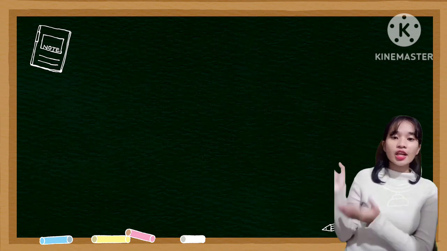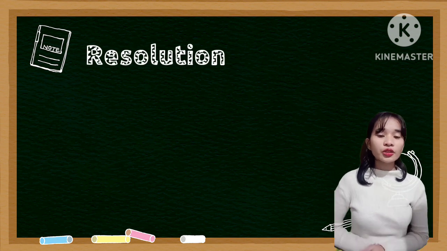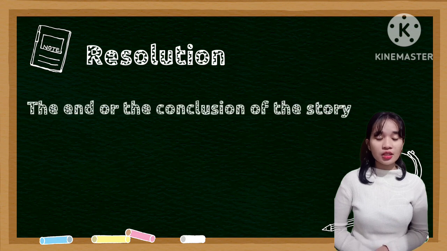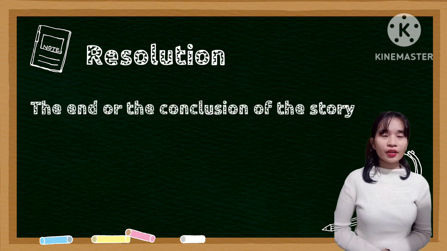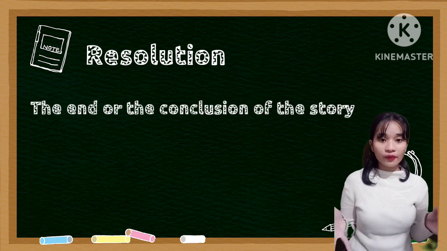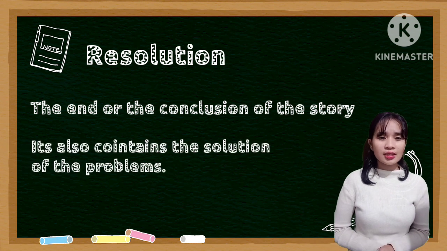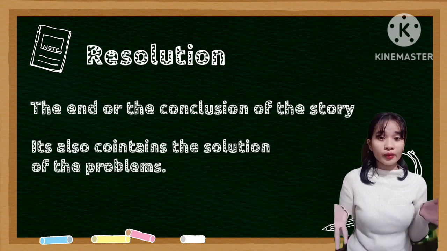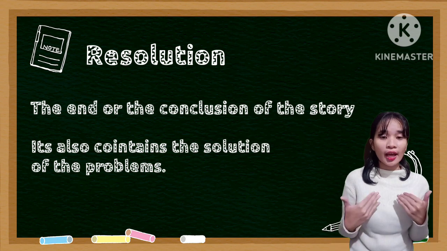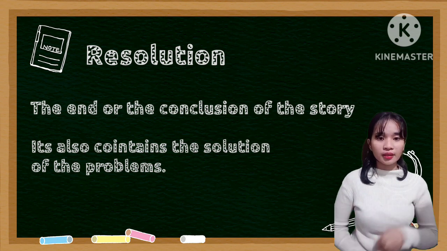Okay, and the next is resolution. Resolution contains the end of the story, or the conclusion of the story. It can also contain the solution to the problem that we discussed before.